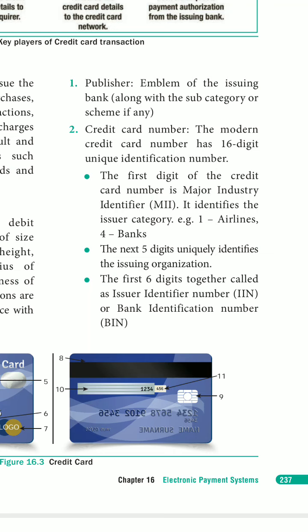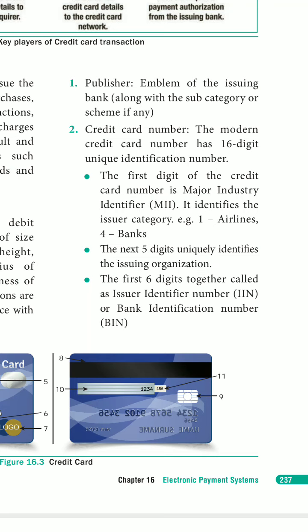Okay, so next, the next five digits uniquely identify the issuing organization. So the next six digits are called the issuer's identity number and bank identity number. So this will be mostly the same for all the banks.